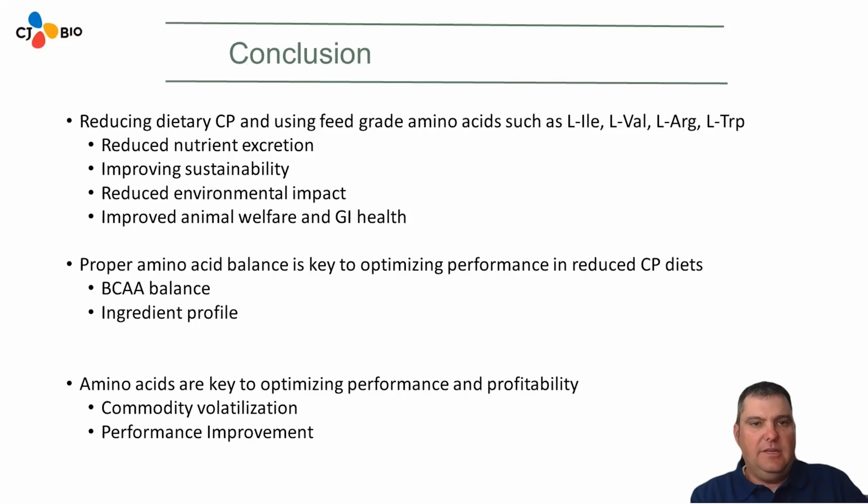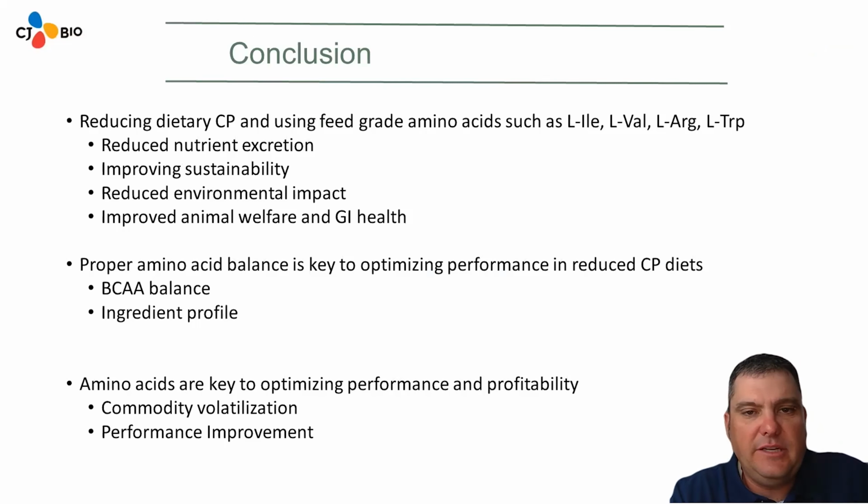So just to conclude, reducing dietary crude protein and using feed-grade amino acids such as L-isoleucine, valine, arginine, and tryptophan can be extremely beneficial.